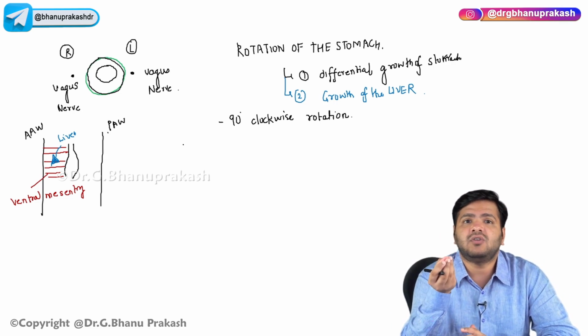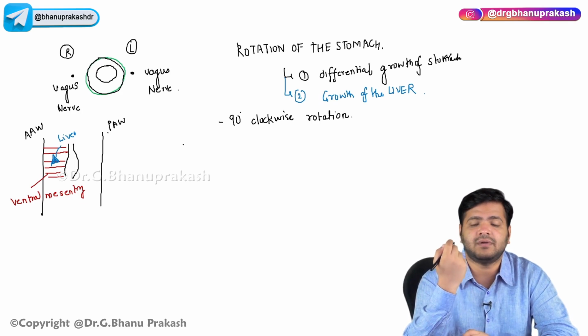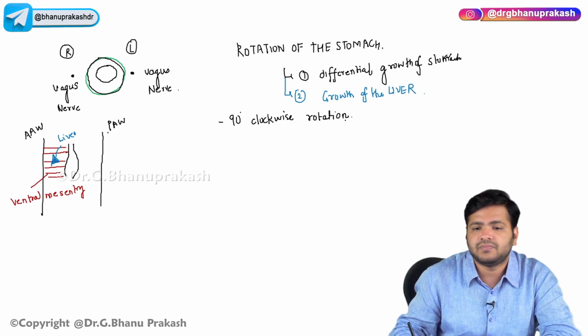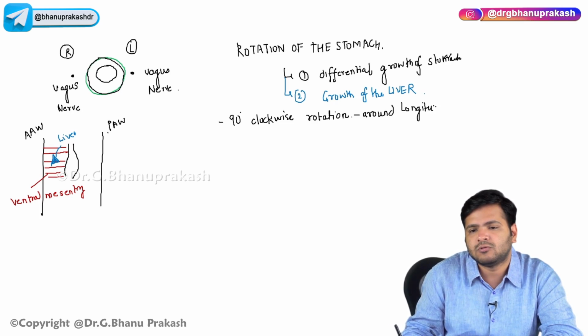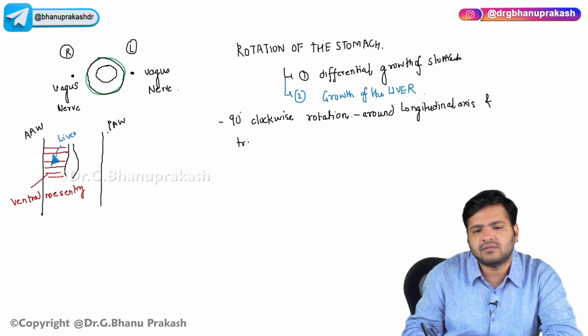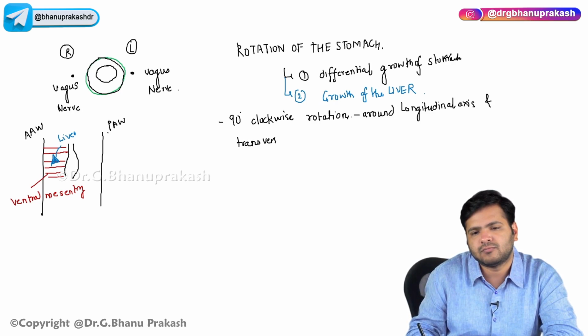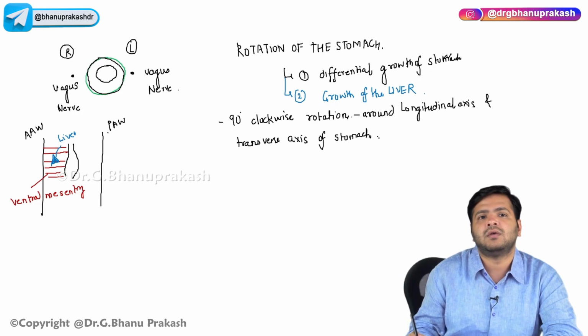The 90-degree clockwise rotation is around the longitudinal axis and the transverse axis of the stomach, right?